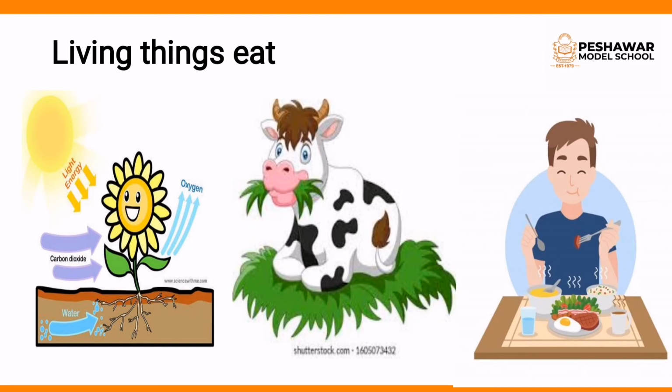Some animals eat grass and some animals eat other animals. Human beings like me and you also eat different kinds of food. So that is why plants, animals and human beings are living things, because they can eat.